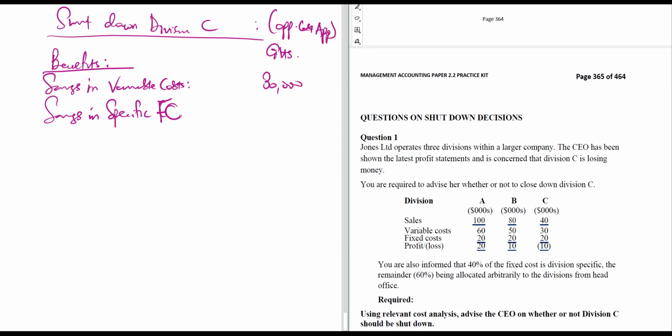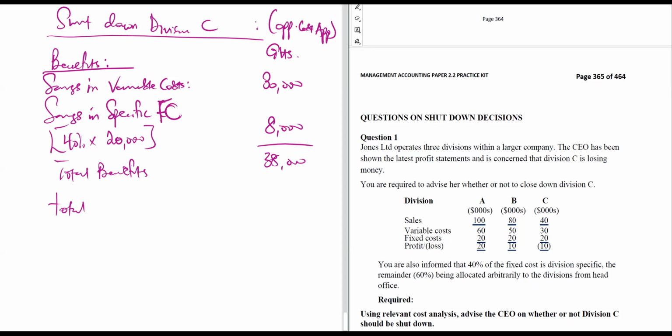And they said 40% of the fixed costs are division specific, meaning 40% of the fixed cost, which was 20,000, is 8,000. So the total benefits I'm going to get is 38,000. Let's compare to the total costs.